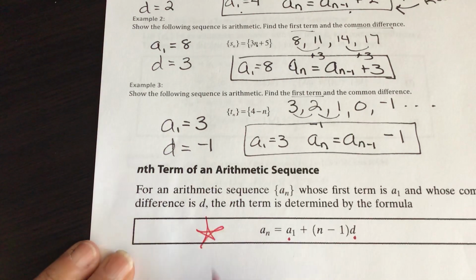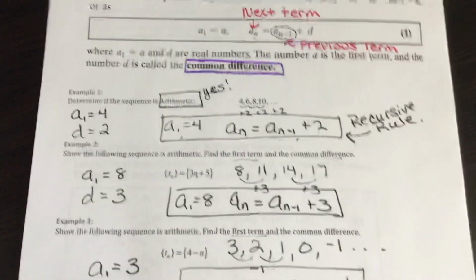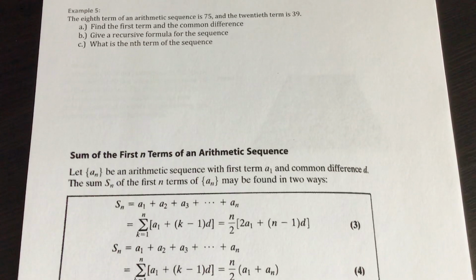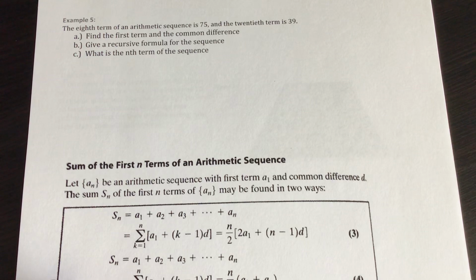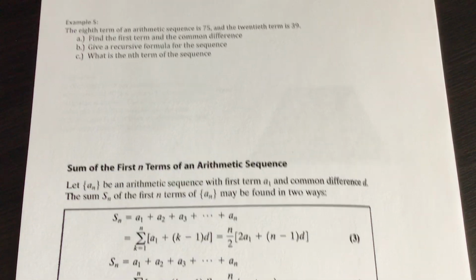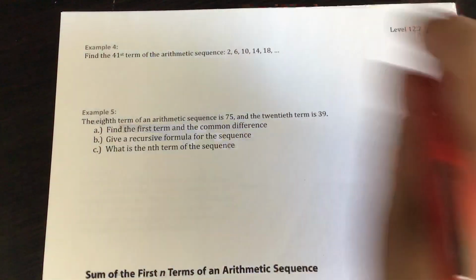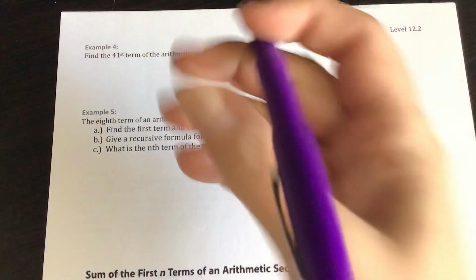So we're going to use this formula quite a bit. So on the next page, it's asking us to find the 41st term of this sequence. Now I'm going to write the formula back here again.